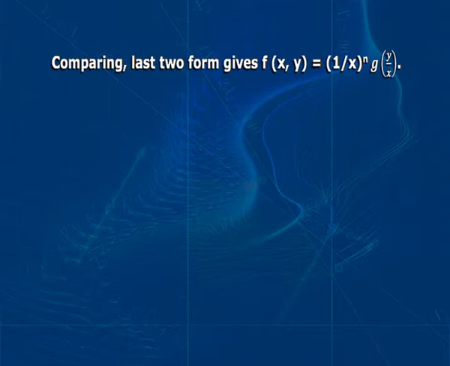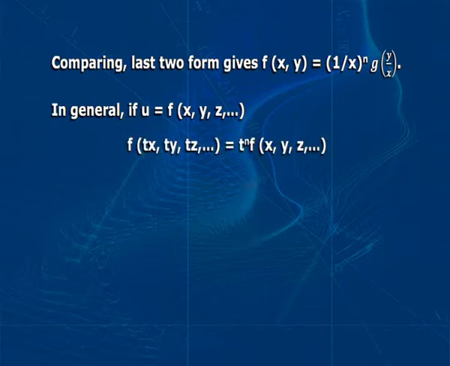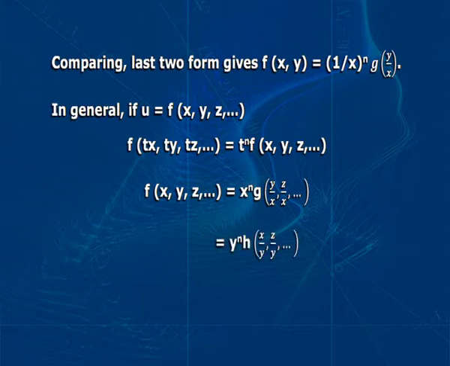In general, if u = f(x, y, z and so on), f(tx, ty, tz and so on) = t^n f(x, y, z and so on). f(x, y, z and so on) is equal to x^n g(y/x, z/x and so on), which is equal to y^n h(x/y, z/y and so on), which is equal to z^n k(x/z, y/z and so on).